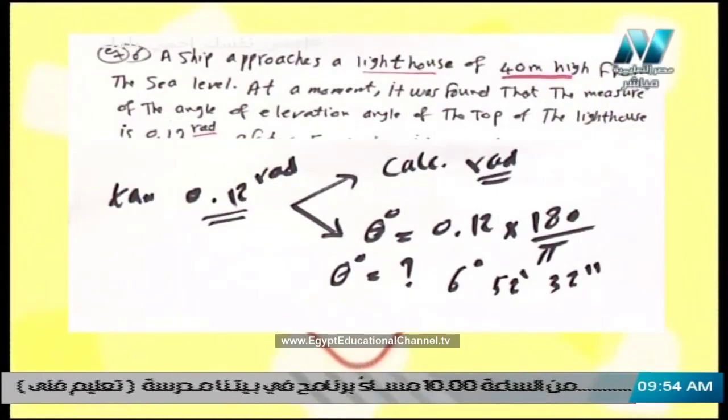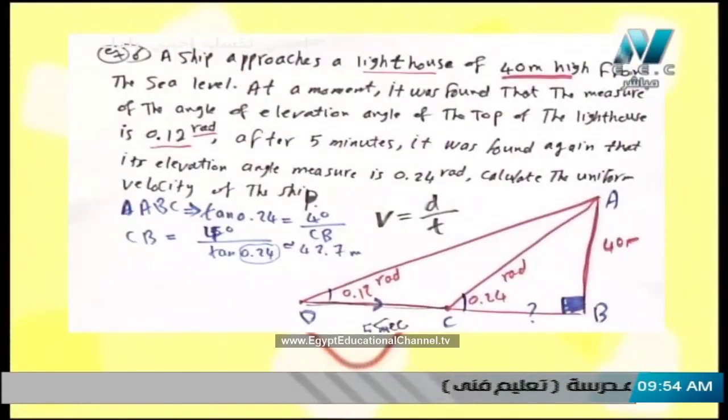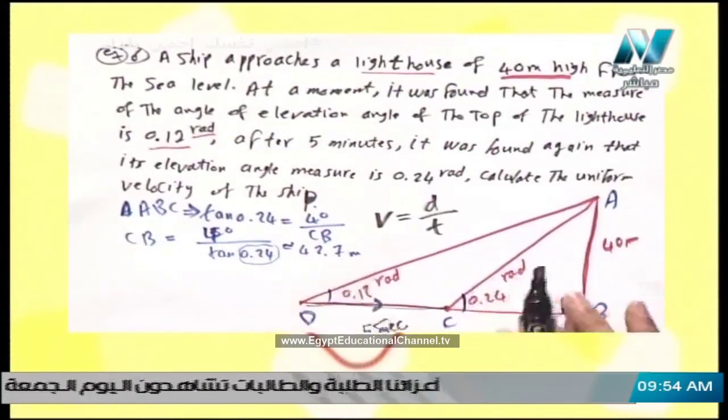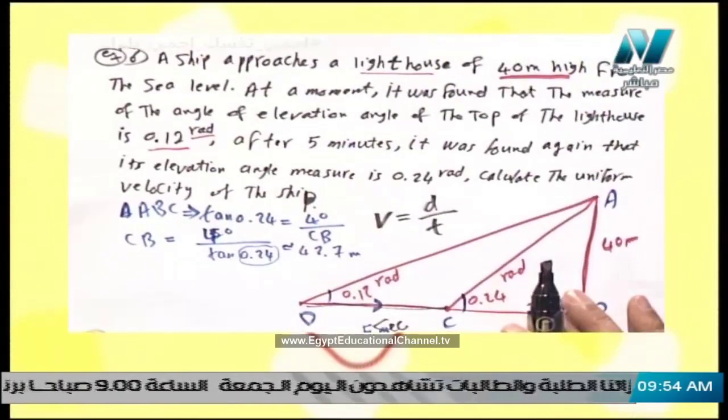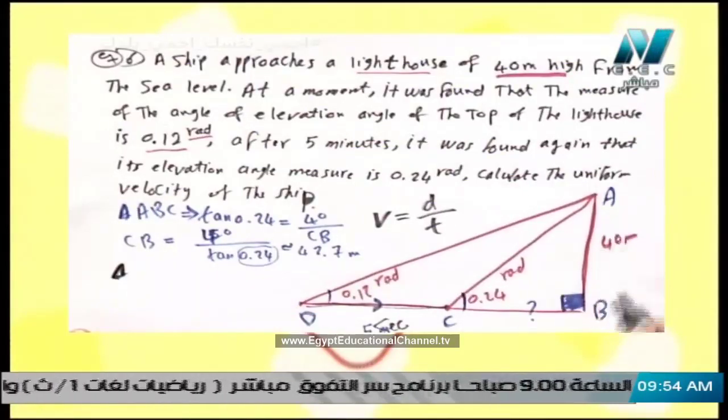Let's complete the example here. We can find the answer. CB is approximately equal to 42.7 meters, and we will deal with the other triangle, which is ABD.